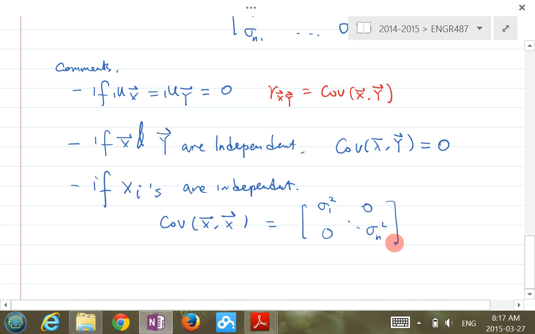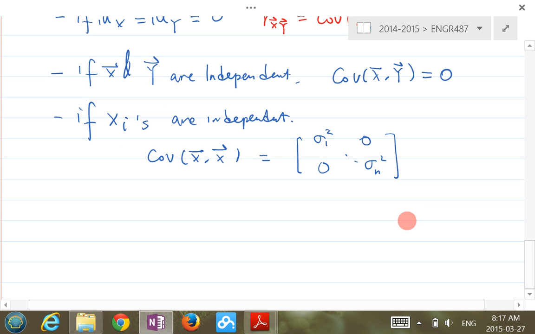And if we add one more condition, that the mean of x equals 0, then the autocorrelation is the same as the autocovariance matrix.